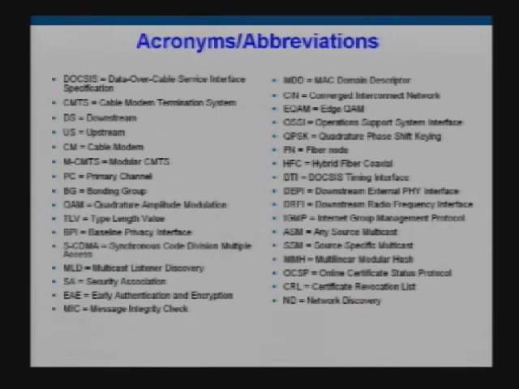CableLabs is one of the industrial consortiums formed by all the major cable multiple service operators like Comcast, Time Warner, Cablevision, and even the second tier operators, as well as the vendors who develop products in the cable industry, to standardize the technologies, around 10-15 years back.